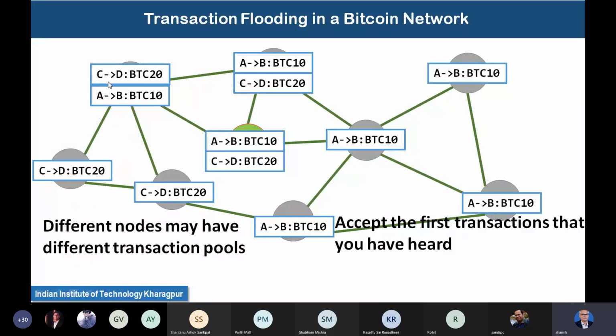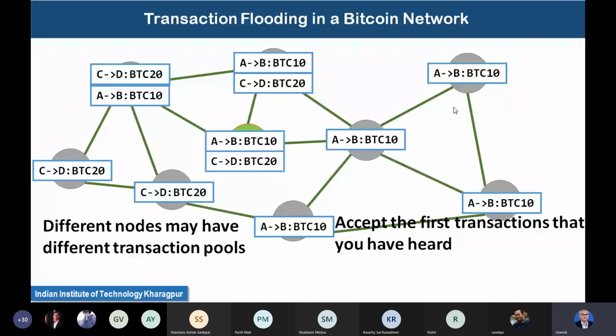Similarly, another could have a completely different set of transactions, A to B and then E to F, and so on. So we do not try to synchronize this. All the nodes that are trying to mine transactions in a block are not necessarily going to have the same pool of transactions to be included in the block.